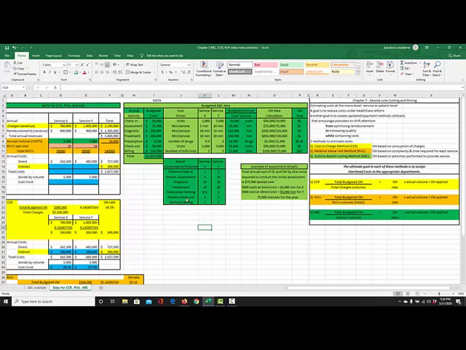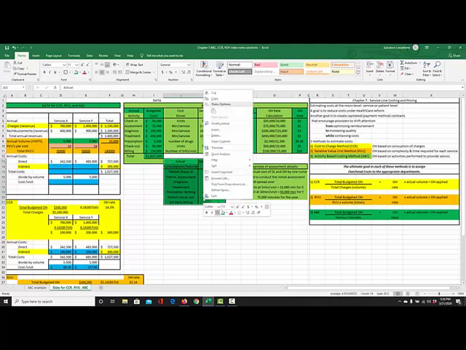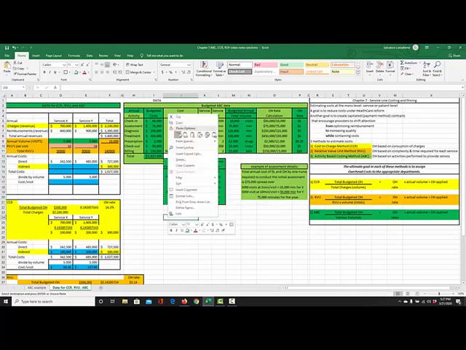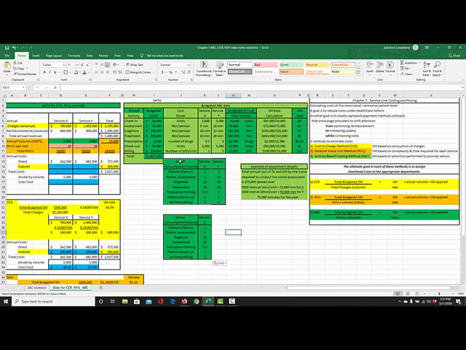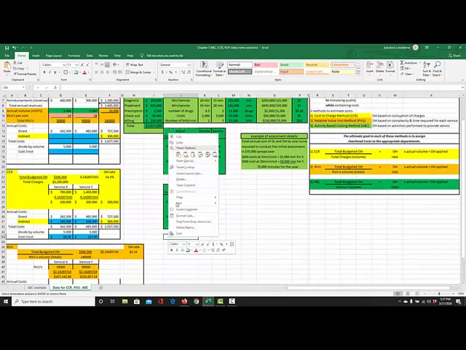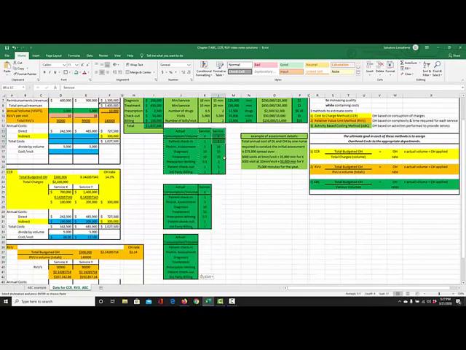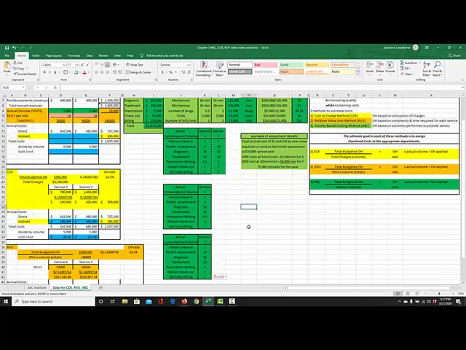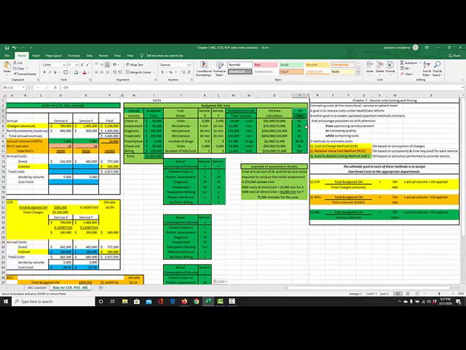Okay, so what I'm going to do is put this lower here. So I'm breaking up this data, and then what we want to do is multiply these by the rates, the overhead rates.